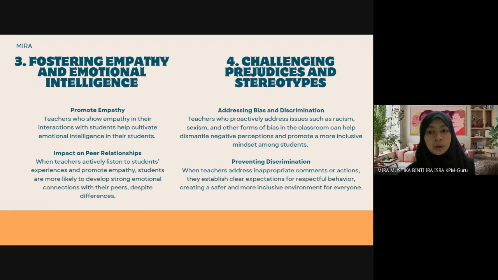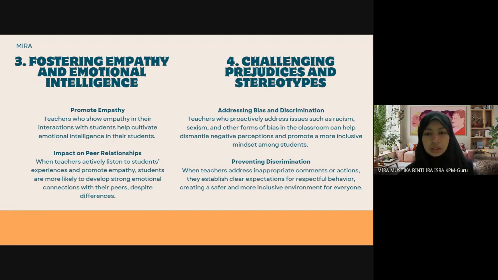Teachers can incorporate discussions about equity, fairness, and social justice into their teaching and give students the tools to critically analyze social issues. Okay. The next one, in terms of preventing discrimination, what teachers can do is, teachers' behavior can prevent discrimination by ensuring that students understand the harm caused by stereotypes and biased behavior.